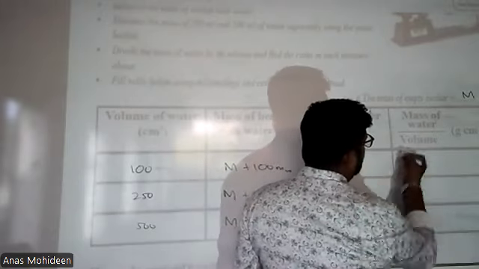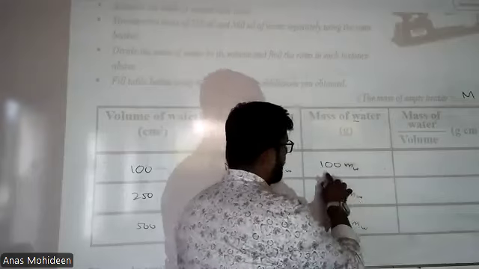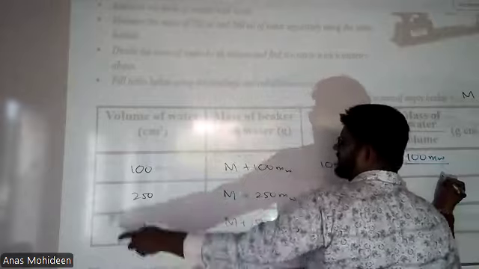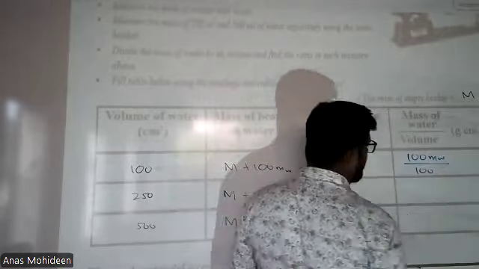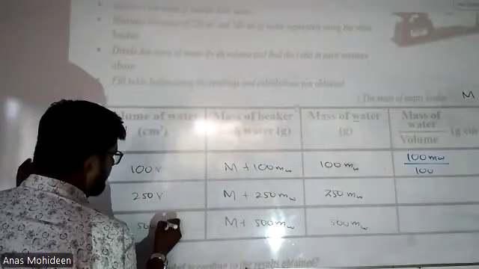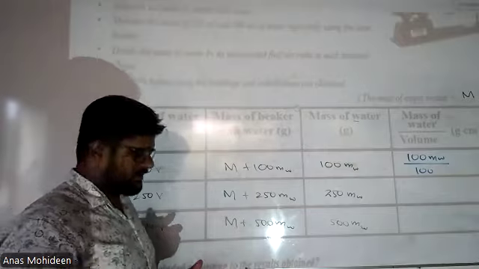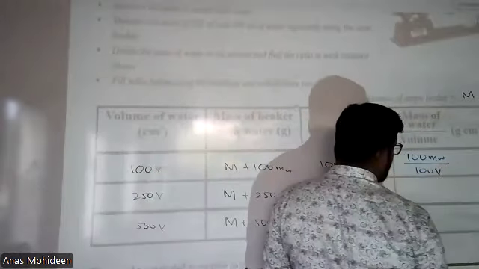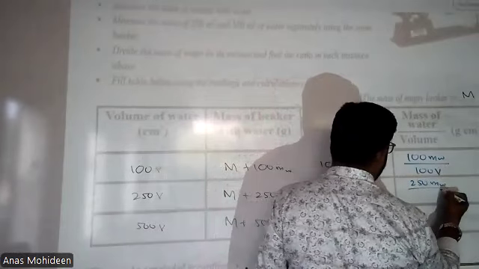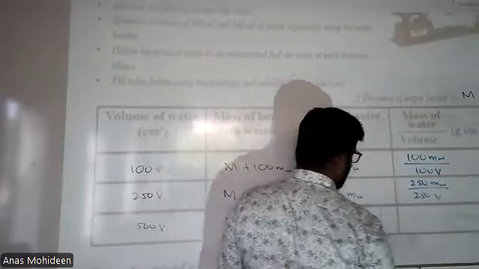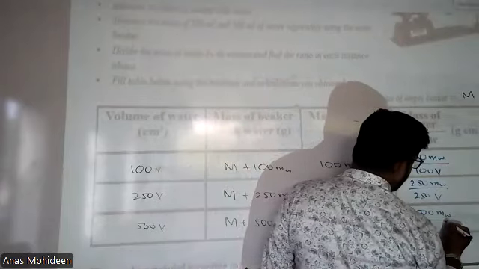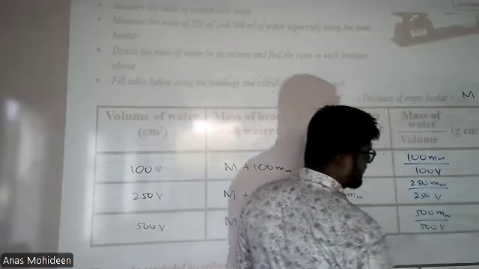Now what do I do with all these? I'm going to take the mass over volume ratio. How much is the mass? 100 mW, divided by how much is the volume? 100. Let me write it as V also, because volume is V. So now I'm writing 100 V. In this case, 250 mW divided by 250 V. And here, 500 mW divided by 500 V. Correct.